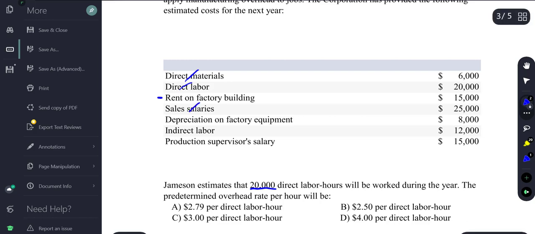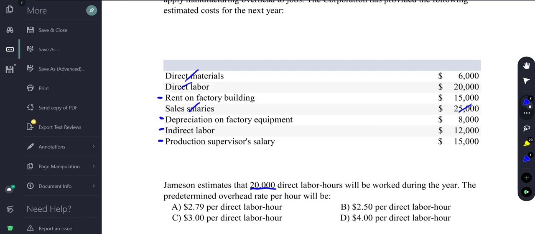Sales salaries are not going in either because these are period costs. We're not going to put those in manufacturing costs. Depreciation costs will be included because they're part of manufacturing costs. Indirect labor will also be included because they're part of manufacturing, and also production supervisor salary.